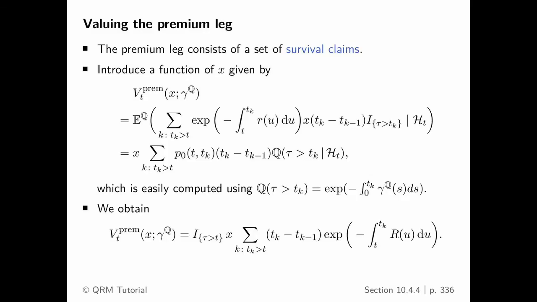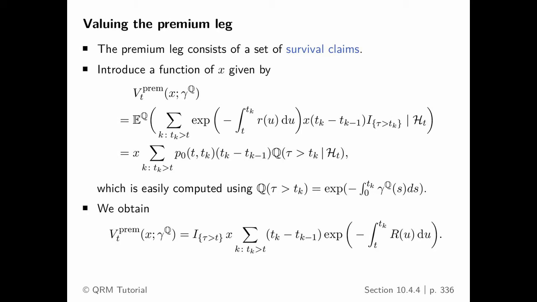One talks of legs of such a transaction. Good. Here, that's the value of this premium payment leg. And this is easy to compute because we know the conditional, or here I'm doing it at t equals 0, so I know the survival probability. And that's the value of this premium payment leg.